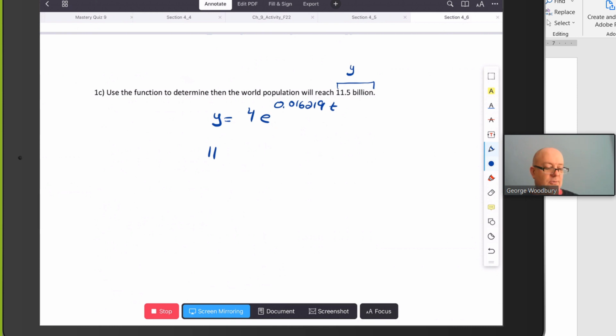That's why I think it's still better if you list all the variables rather than copying down the model. We know the initial is still 4. We know the value of k is still 0.016219. And now my value of y is 11.5. I need to find t. And that way I can get everything into the formula the right way.